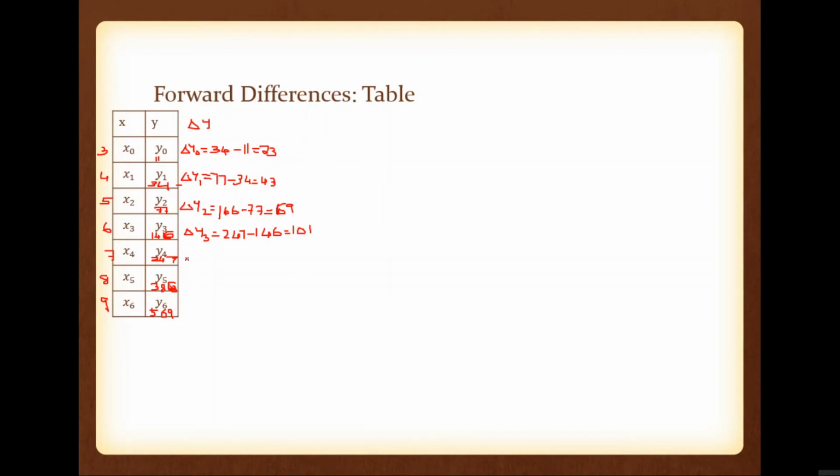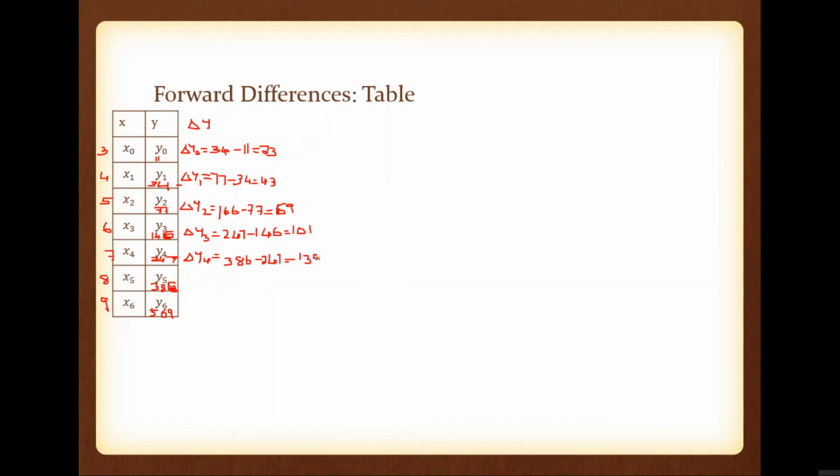Now what about delta y4? Delta y4 is equal to its next data, 386, minus 247. So the difference is 139.